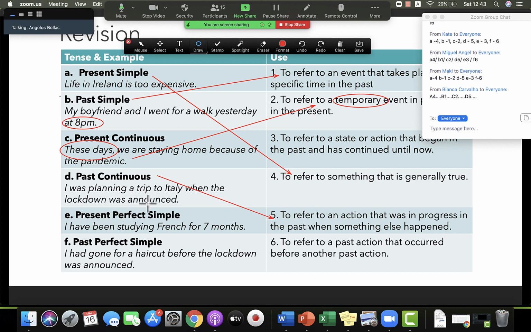Planning or announced? Planning. Exactly. Planning happened first. The second action interrupted the first one, the planning. Exactly. So this one is the action that interrupted the other action.